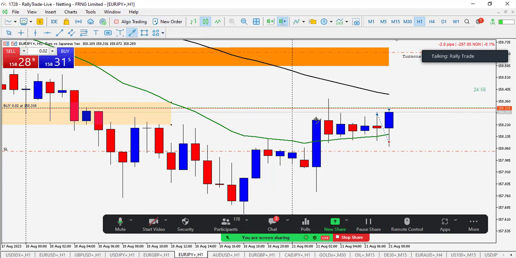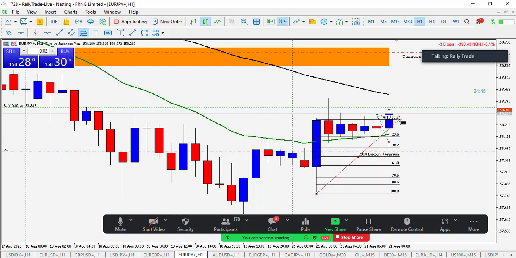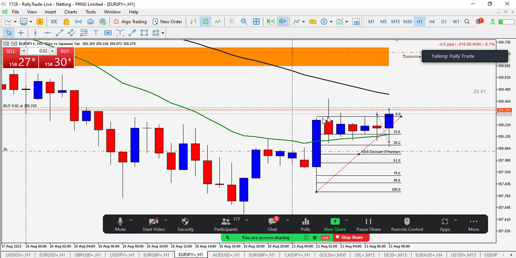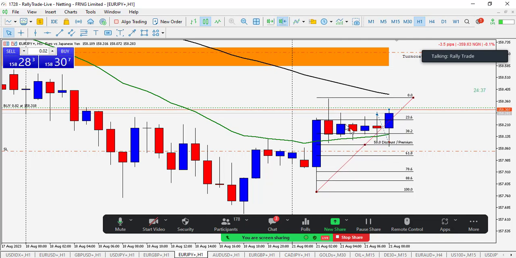The market has retraced from up here into this area, right? So it has gathered enough buys, enough demand has happened here.